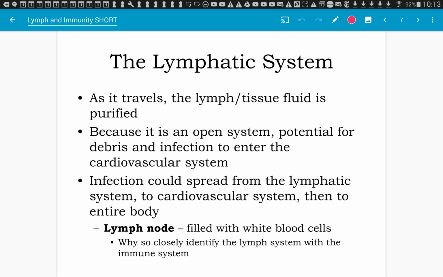Oh, yes, ma'am. I was going to ask, remember when we were talking about capillaries in the circulatory system, some of the blood gets reused when there's a gas exchange in the tissues.